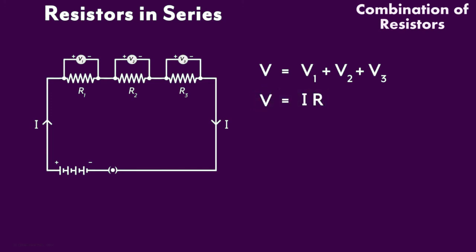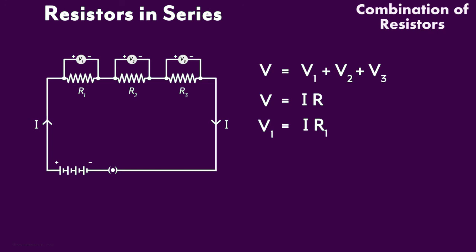Will you try applying Ohm's law to each of the resistors separately? It's easy. For the first resistor, the potential difference is V1 volts. The current flowing through it is I amperes and the value of resistance is R1 ohms. Applying Ohm's law for the first resistor, we get V1 is equal to IR1.